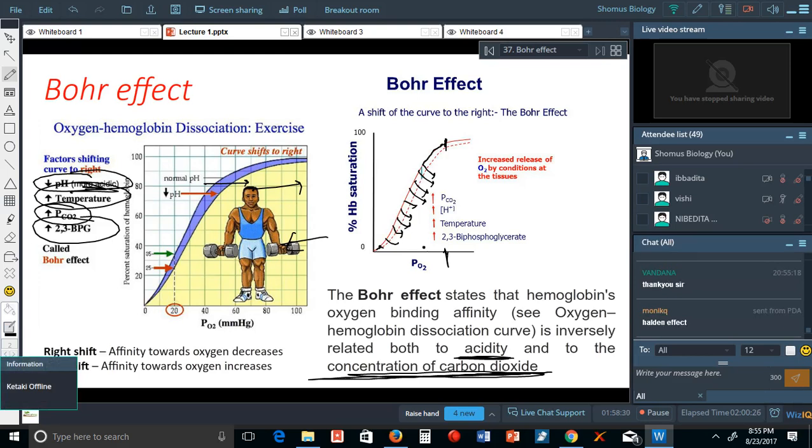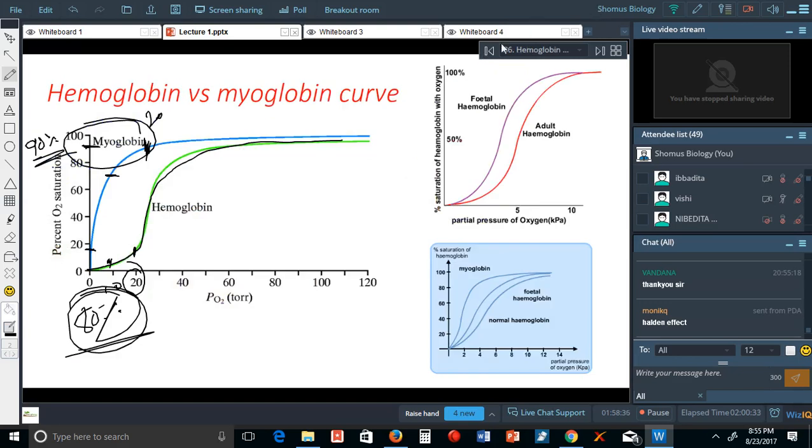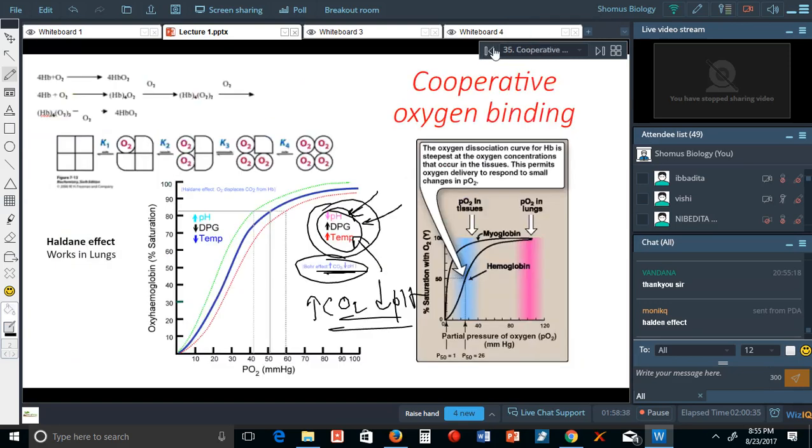The Haldane effect is the one related to the shifting of the curve to the left, and why it is required. The Haldane effect is where oxygen displaces carbon dioxide from the hemoglobin, and it takes place in the lungs, because in the lungs carbon dioxide should be released and oxygen should bind.